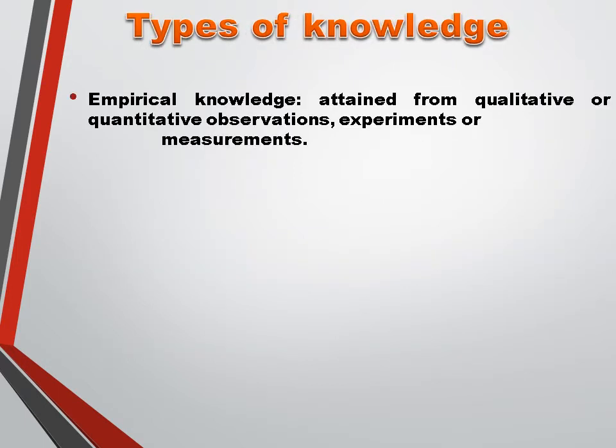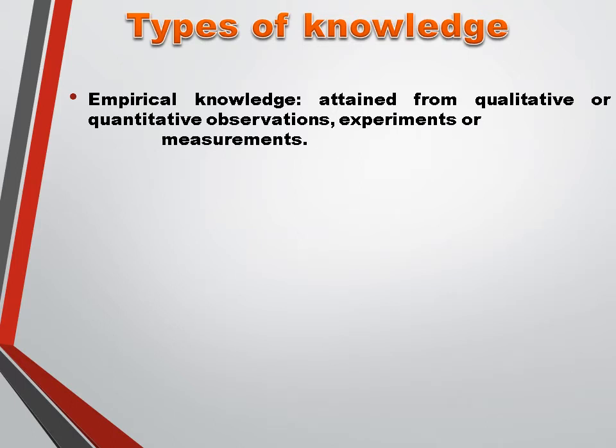The next type of knowledge is empirical knowledge. Empirical knowledge is the knowledge which we obtain through our senses. As I told you when I was discussing posterior knowledge, empirical knowledge is also there. But in posterior knowledge, we experience it, and apart from that, we reflect on it, we analyze, we do all those things.